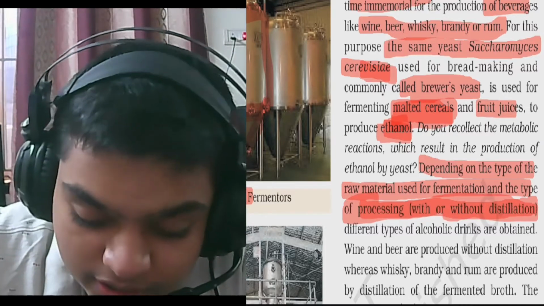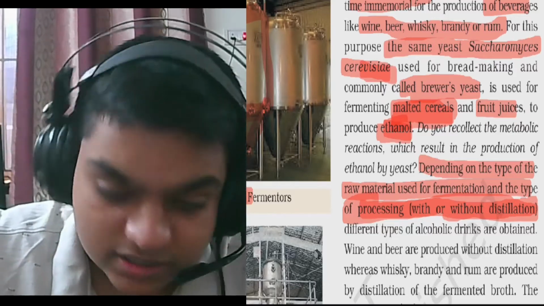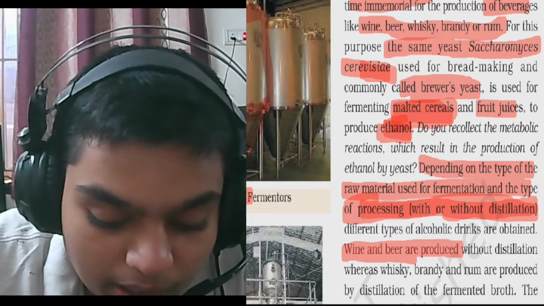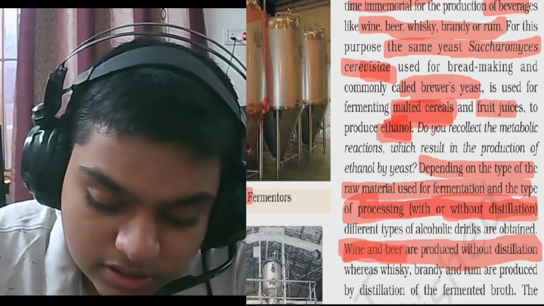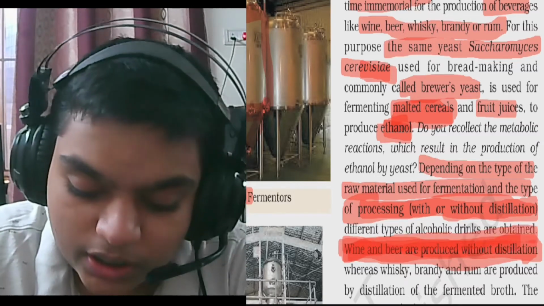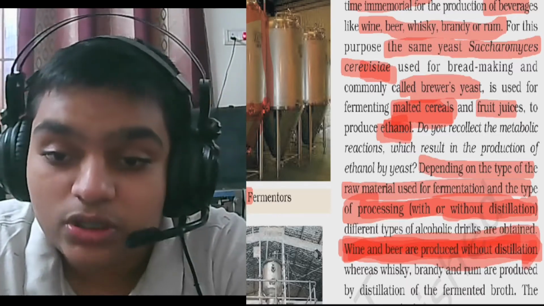Here the type of processing means with or without the distillation process. With distillation or without distillation, there are separate alcoholic drinks. Wine and beer are only and only the alcohols which are produced without distillation.